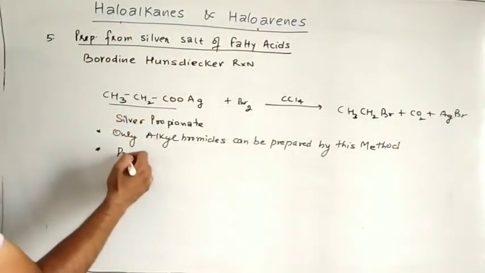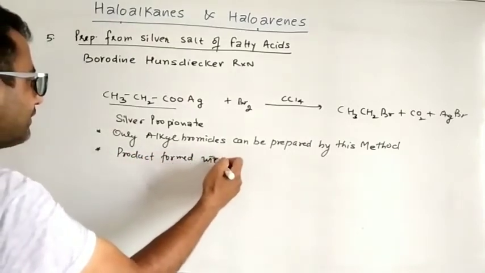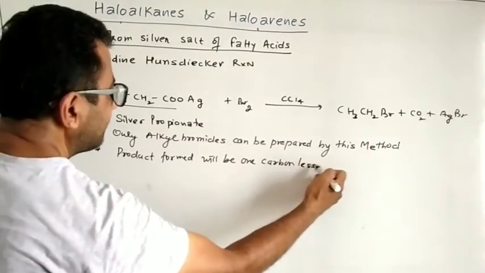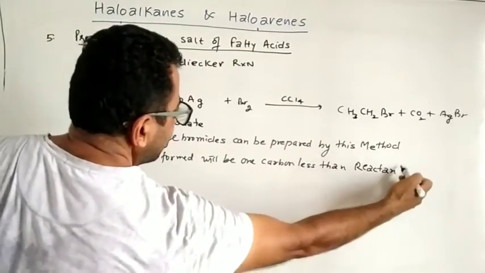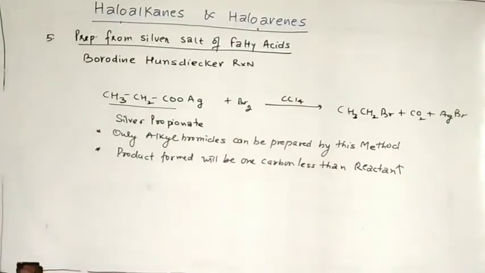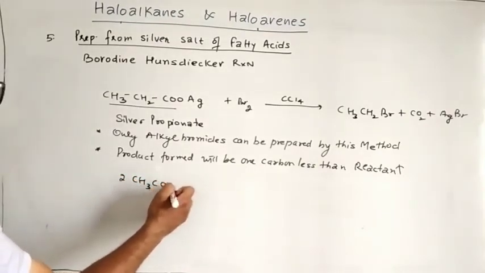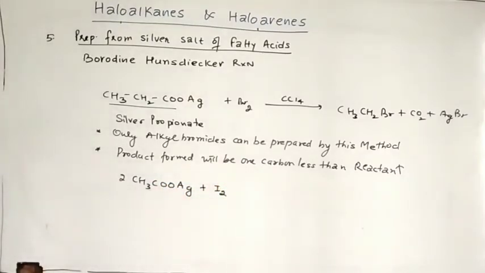Second, the product formed will be 1 carbon less than the reactant. If we try it with iodine, suppose we treat this silver salt of fatty acid with iodine, because iodine's activity is less, it will not give you the alkyl halide.